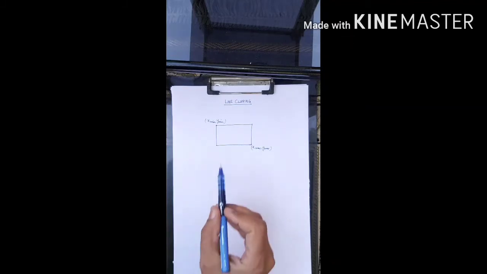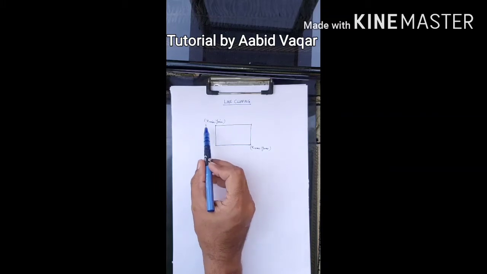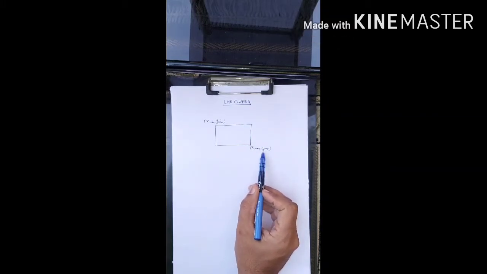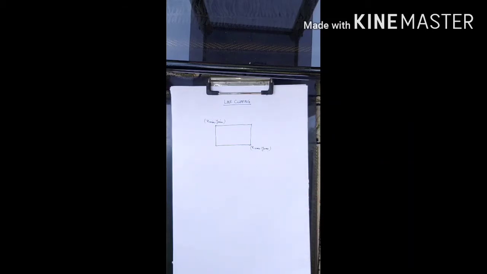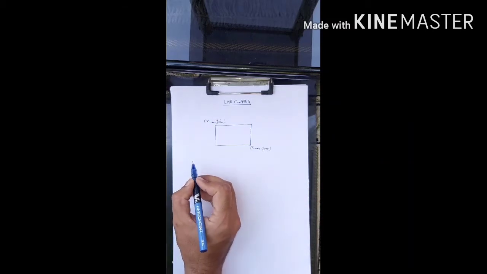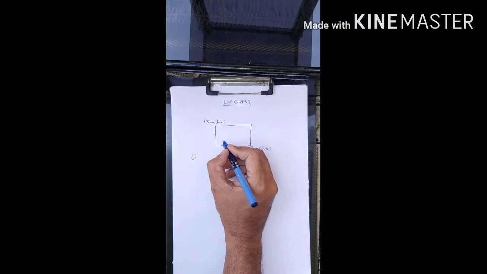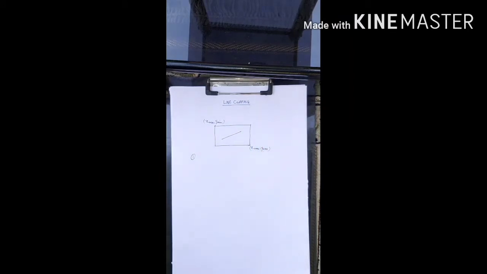When you are given a clipping window, for example, this is your clipping window described as xmin, ymin and xmax, ymax as usual. So now when you are given a line to be clipped, you categorize this line into different categories. First category is, for example, the line is like this.